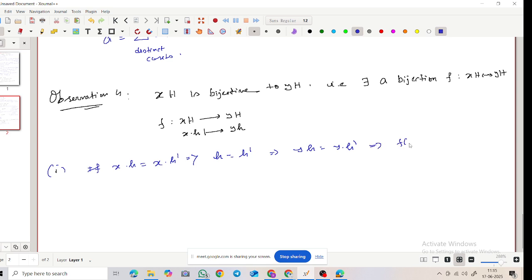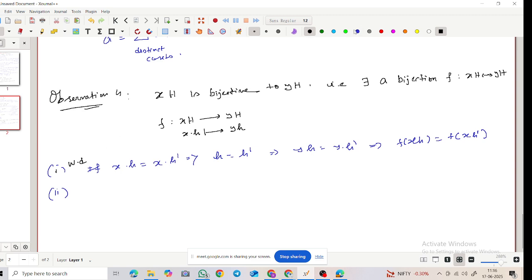Good, Tamanna. Clear? Yes sir. So this is well defined.